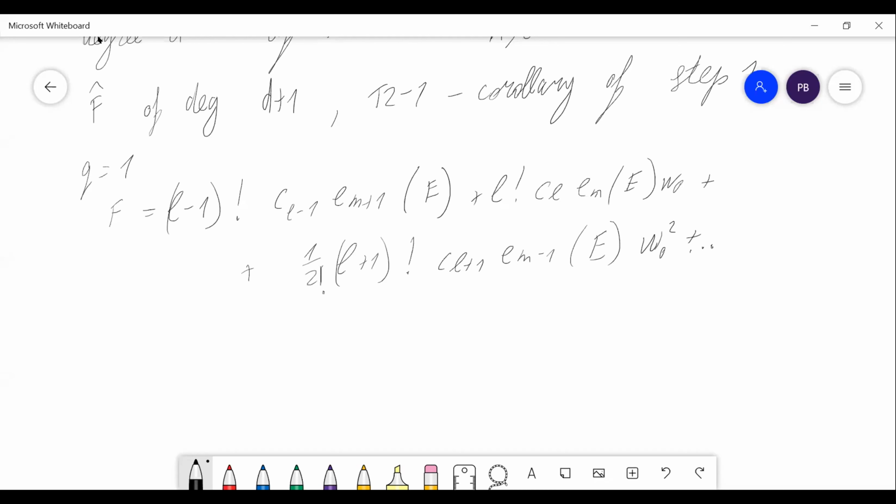This can be written for clarity of how we will continue. But still, the sequence C is arbitrary, yeah?